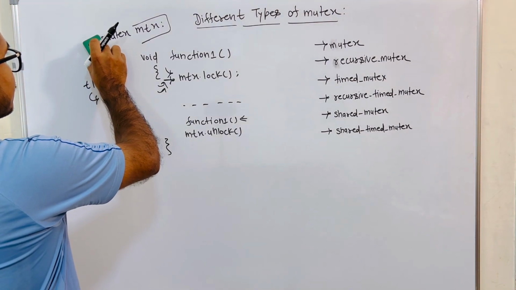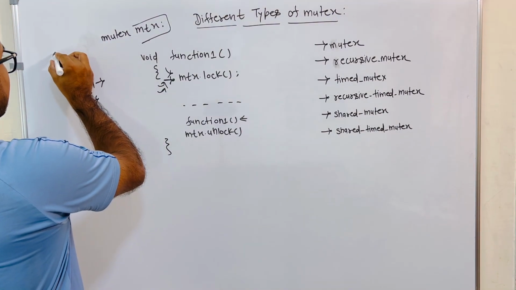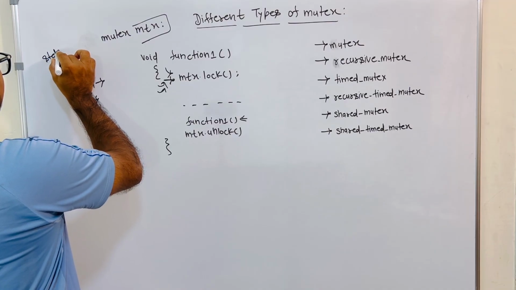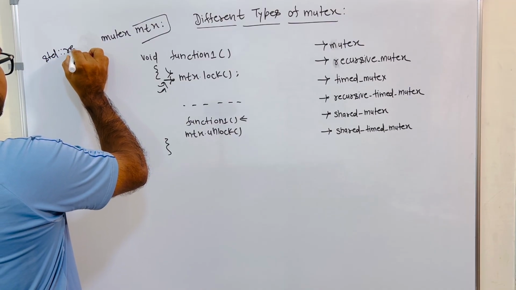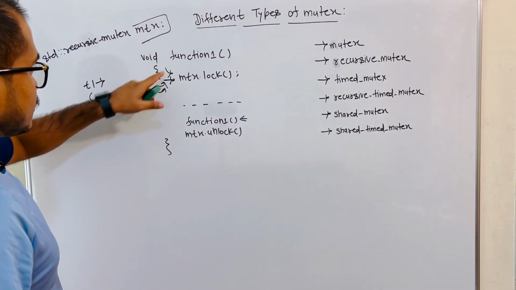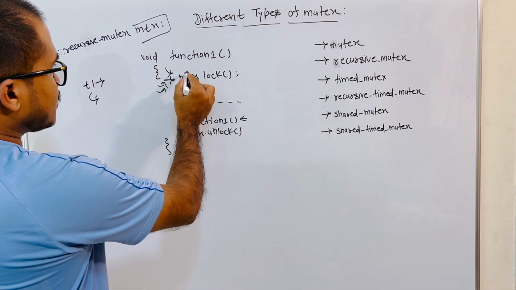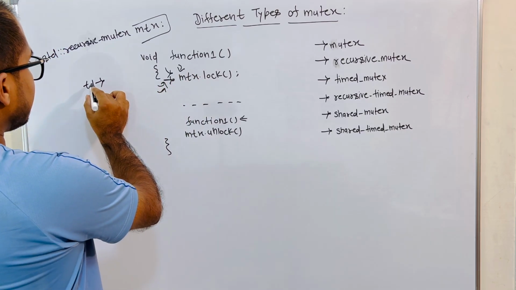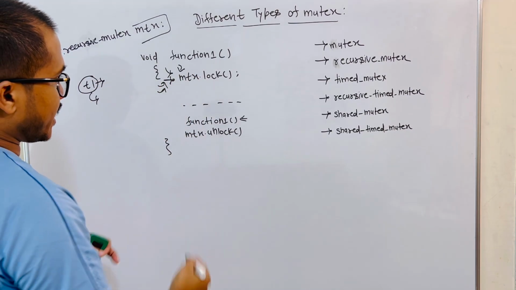Now I am taking std::recursive_mutex mtx. Now I can lock this mutex using the same thread multiple times.